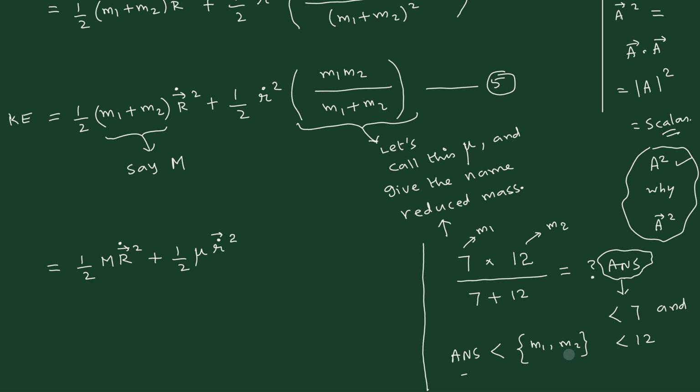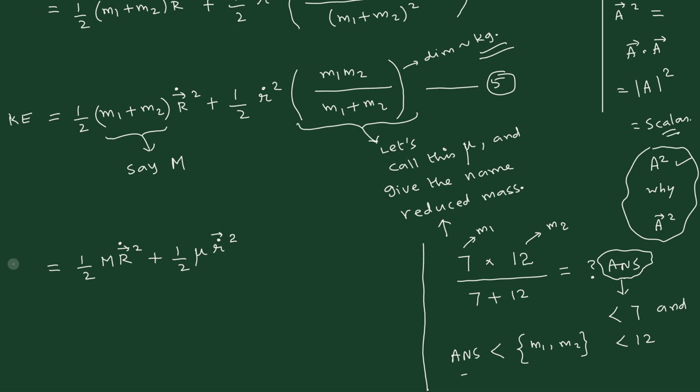Numerically the value is much less than the original values M1 and M2, but the dimensions are still the same, kilogram. So numerically it is a small number, smaller than M1 and smaller than M2, and therefore we say it is reduced. However, the dimension is still kilogram only, and therefore we say mass, reduced mass. So now you understand why it is given that name.